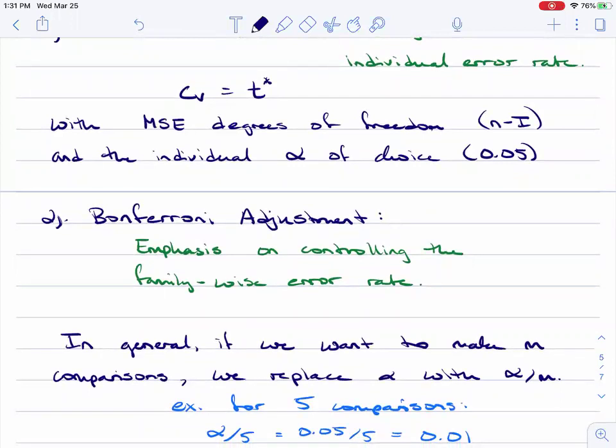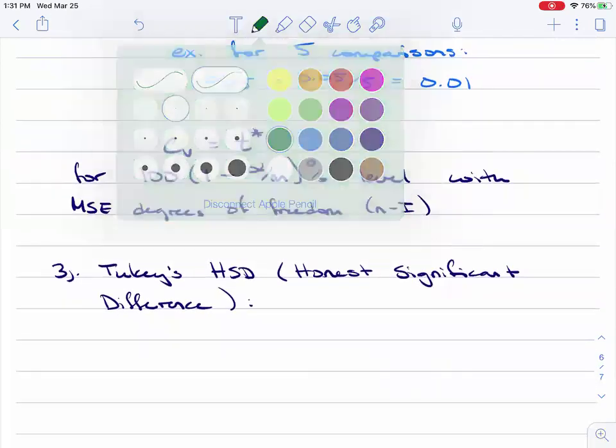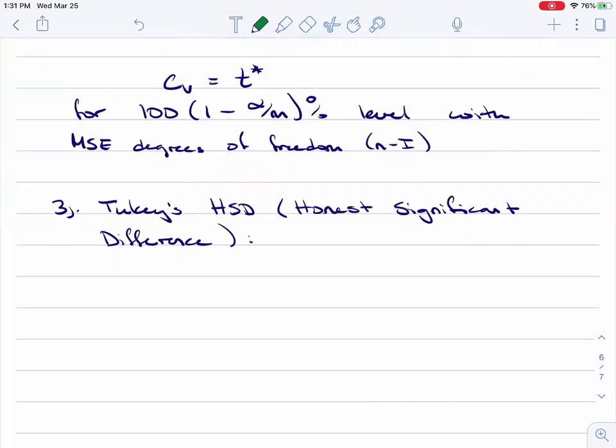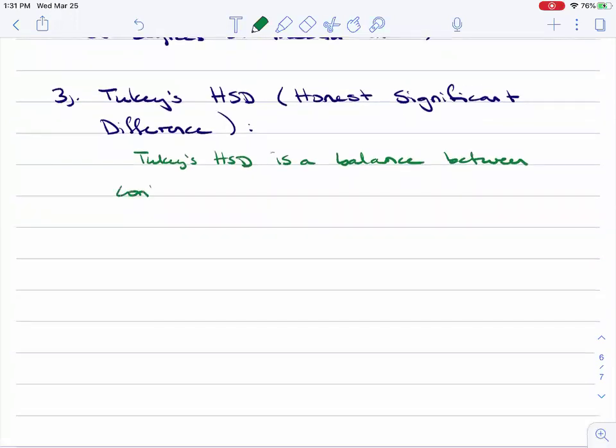So now Tukey's HSD is a balance between controlling individual and family-wise error rates.